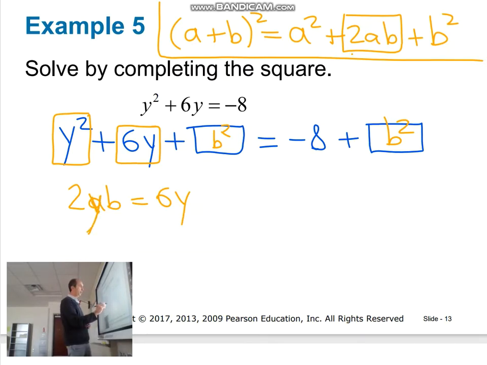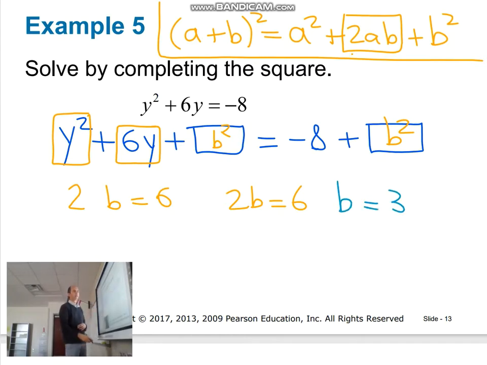If a is y, 2b equals 6. Okay? 2b equals 6. And that means that b equals 6 divided by 2, which is 3. Can you see this? b equals 3.